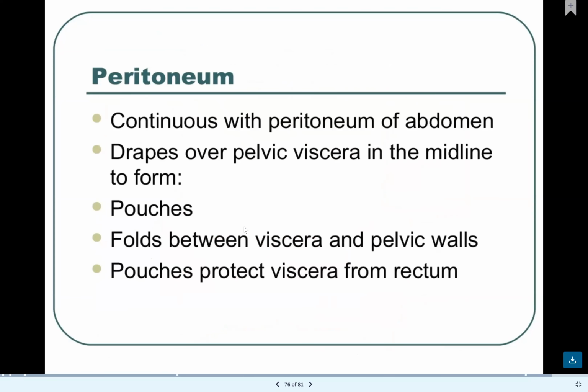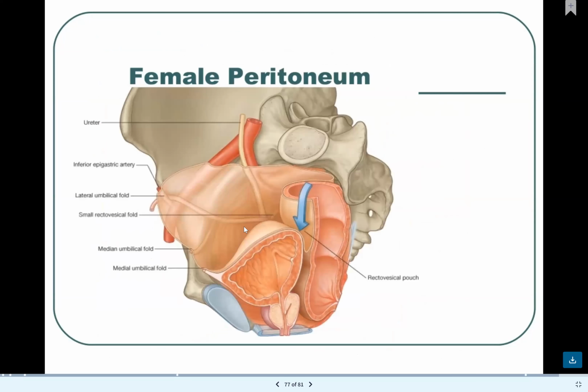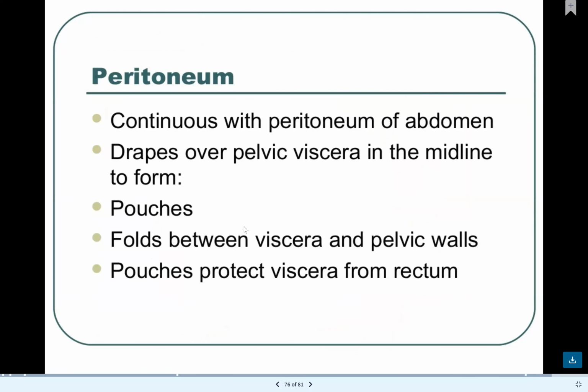Now the perineum is different from the peritoneum. When we do the abdomen, I will touch more on the peritoneum. Anything above the pelvic cavity, within the abdominal cavity, we have a fold of peritoneum.